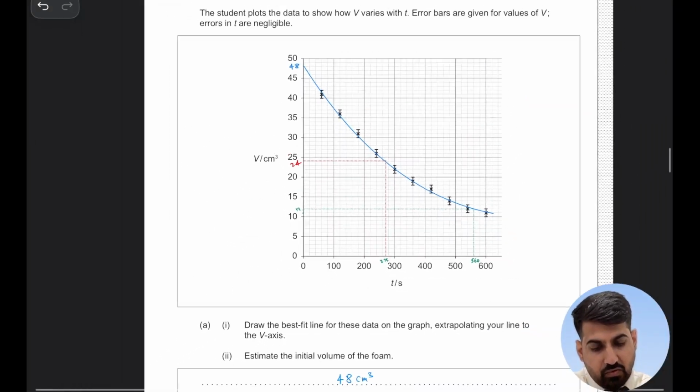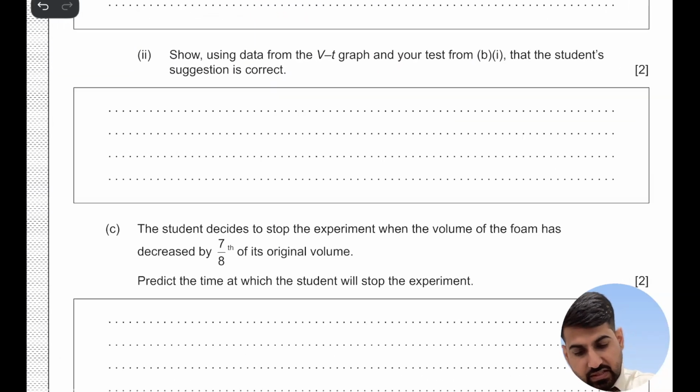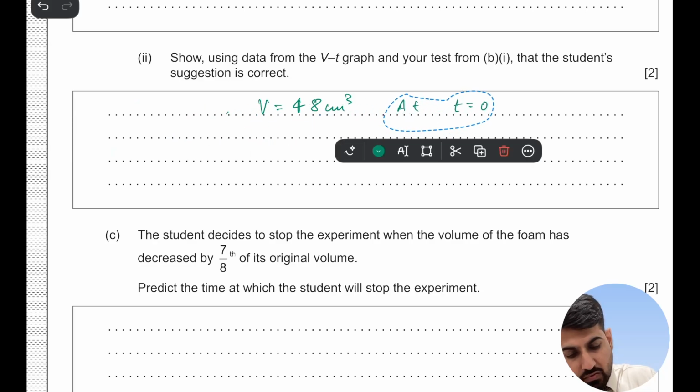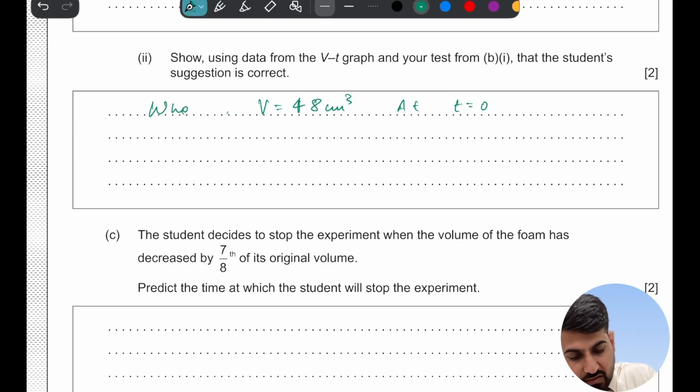Yeah. So to prove this, we can say that at t equals 0, the V is 48 centimeter cube. So when V becomes half, which is 24 centimeter cube, the t is 275 seconds. So this is the first half-life, right?